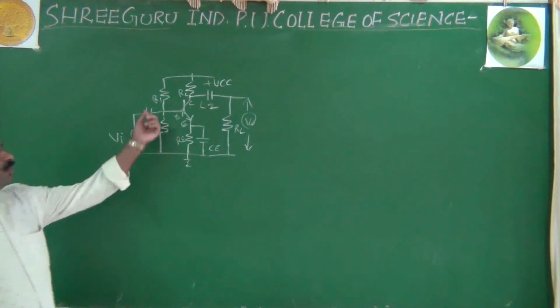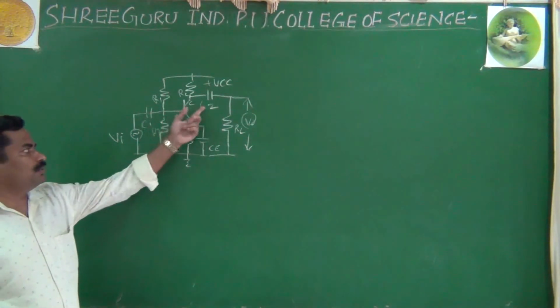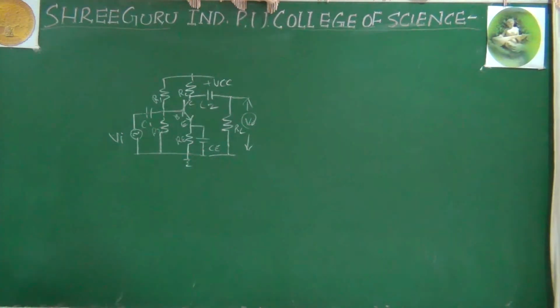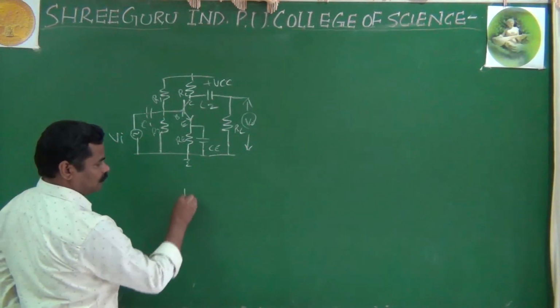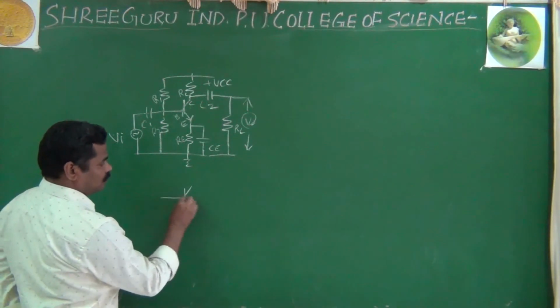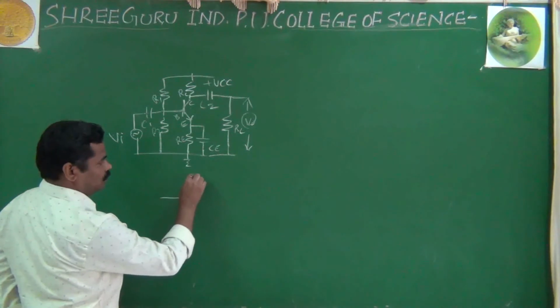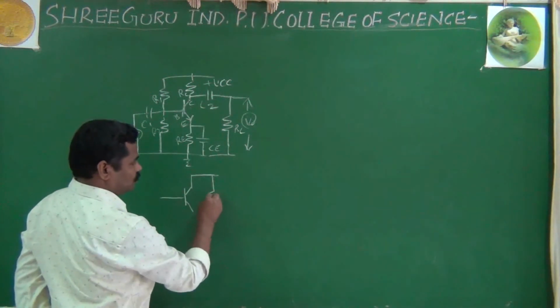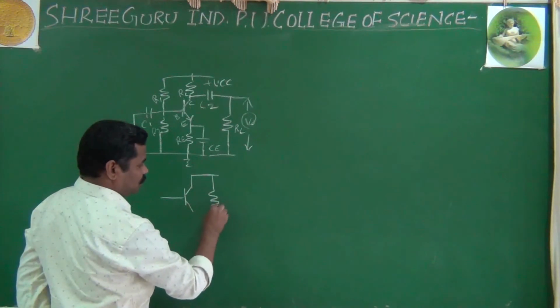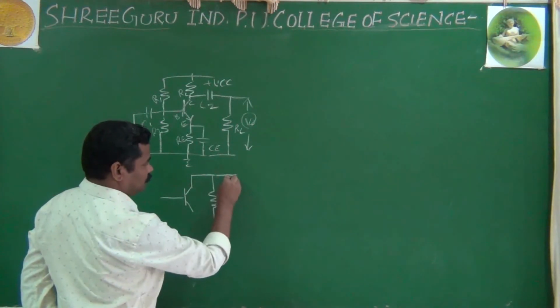Then make the coupling capacitors and bypass capacitor a short circuit. That becomes the equivalent circuit after applying those conditions. It means you can remove the DC source, and also make the capacitors short circuit.